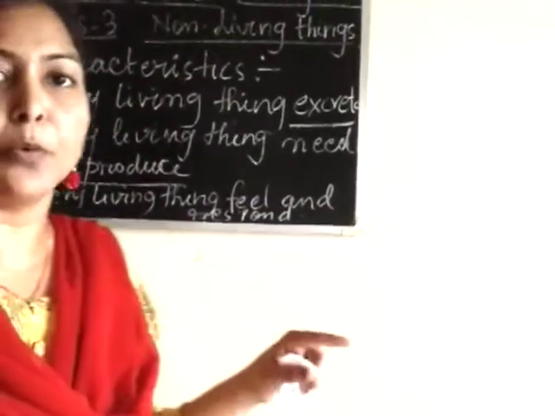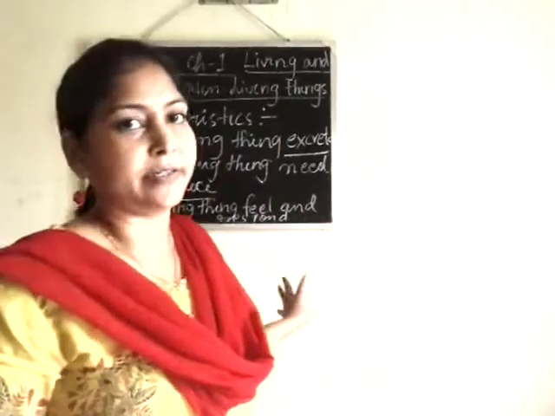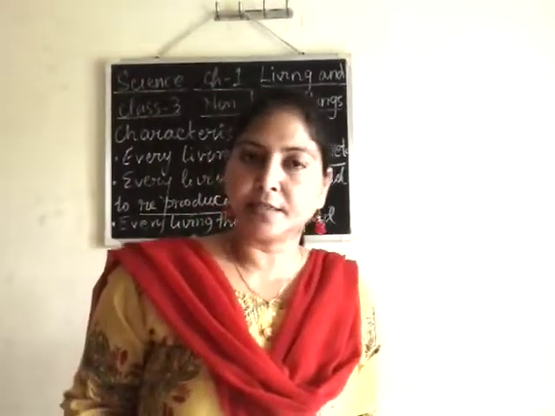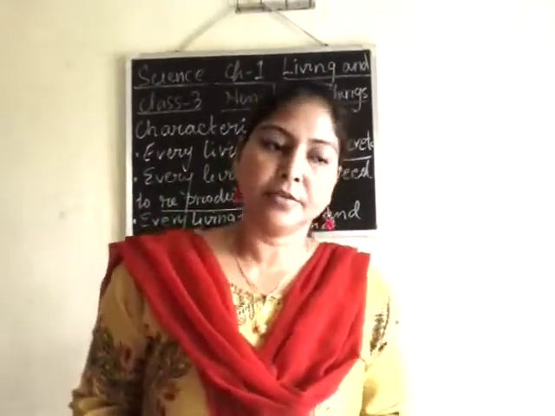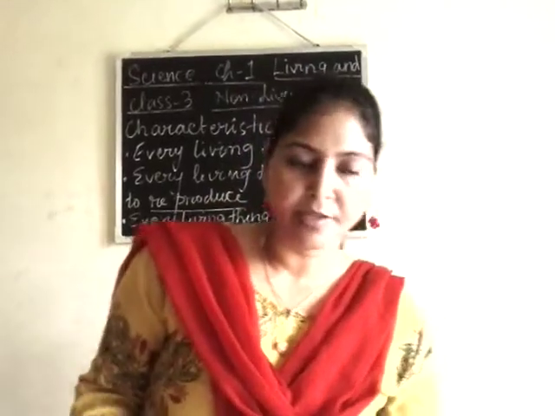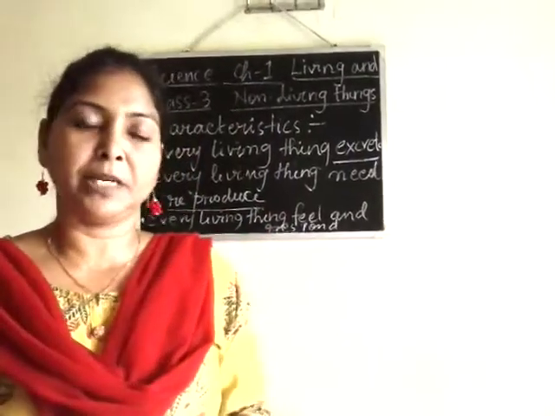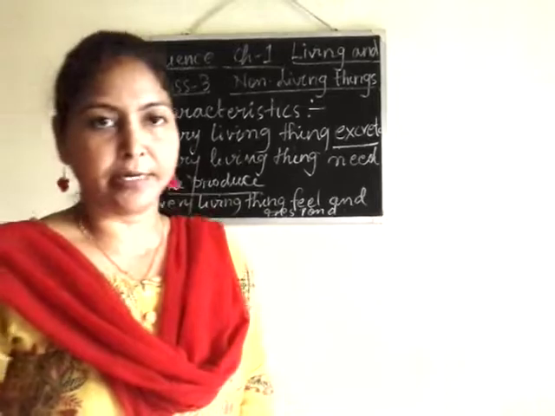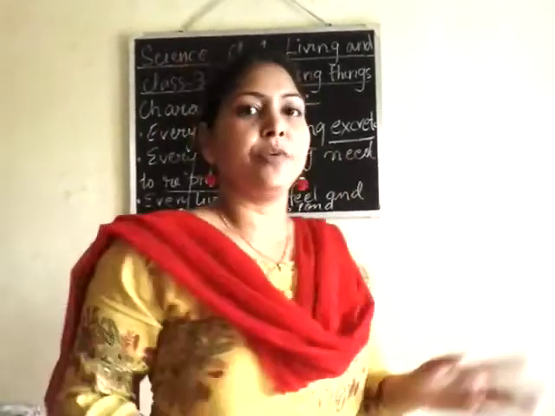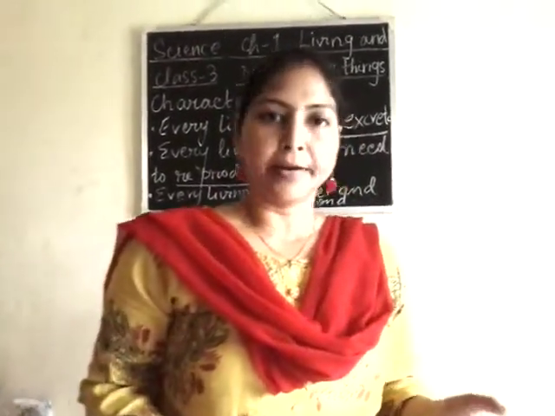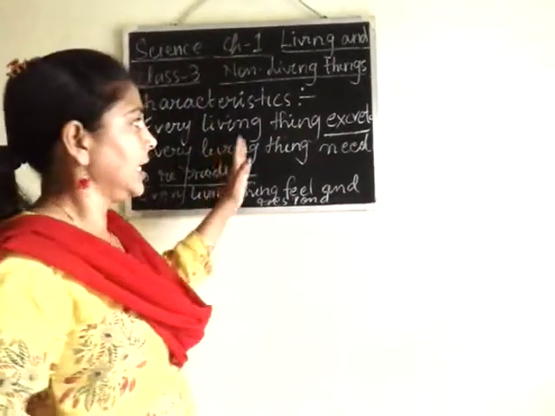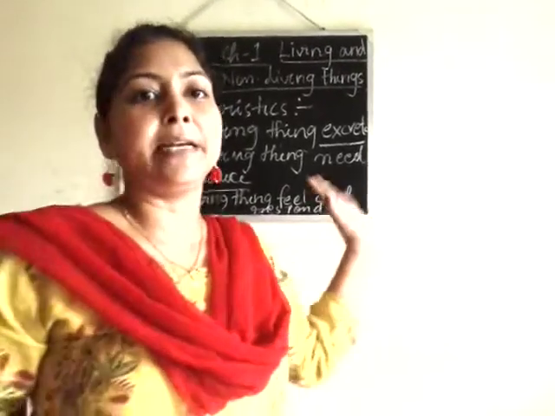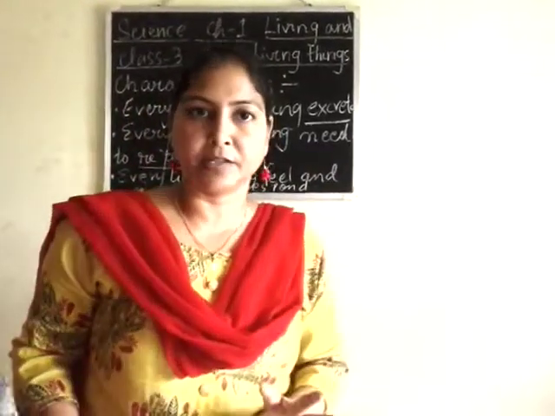If you have your book, you can see all these characteristics are mentioned there. You can read it nicely and understand with the given examples in the book. Also when I am explaining to you, you can understand from there. So we have covered almost all the characteristics of living things. In the previous video, I explained a few characteristics, and here I have completed the rest of the characteristics.